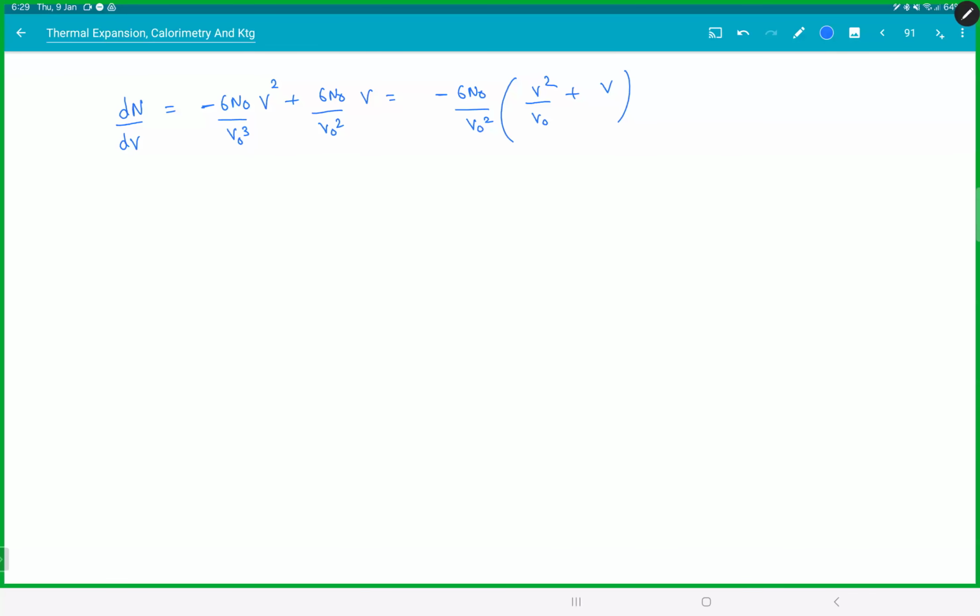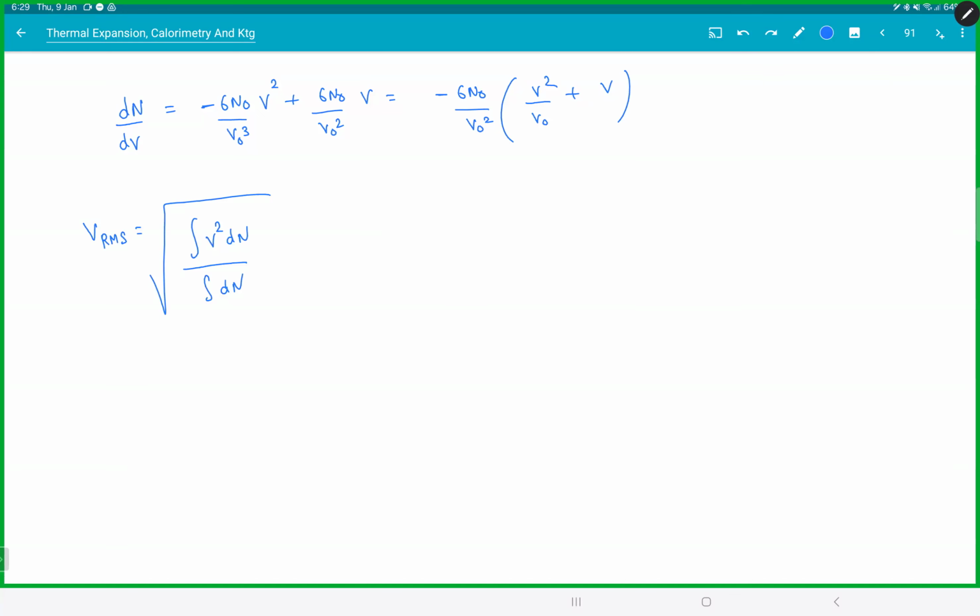Now using this equation, can you find VRMS? What is VRMS? Integral v square dn by integral dn. So what is dn? Send dv that side and integrate. Try, I'll give you a minute.